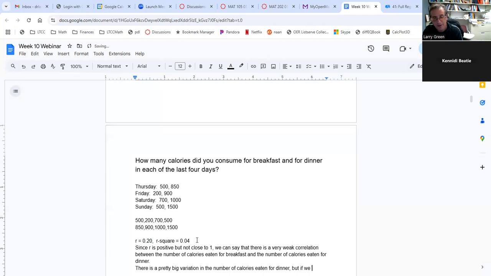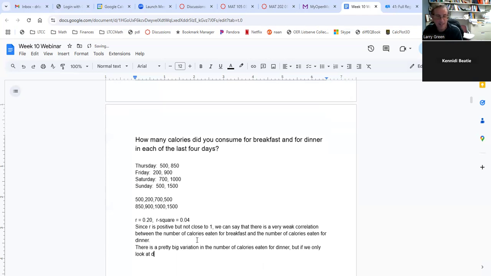But if we only look at days where the same number of calories are eaten for breakfast, that variation tends to go down, or on average, is decreased by 4%. By the way, is 4% a large percent or a small percent?